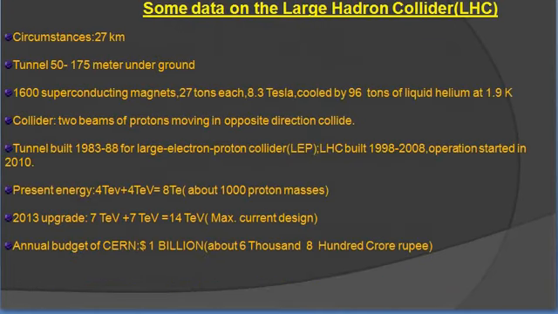Some data about the Large Hadron Collider: its present energy status, it operates from 2013, is 14 tera-electron volts. The Large Hadron Collider works on the principle that two beams of protons moving in opposite directions collide, so that a tremendous amount of energy is released and that can produce the Higgs boson.